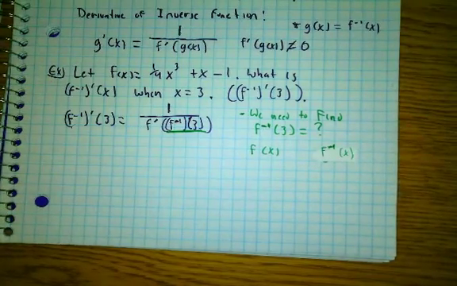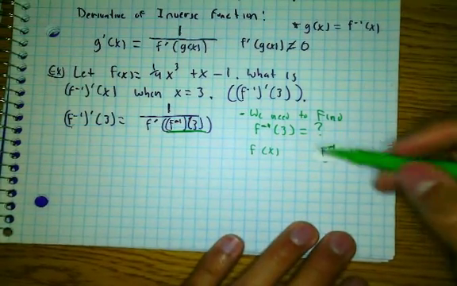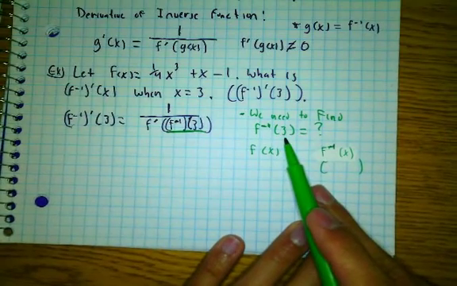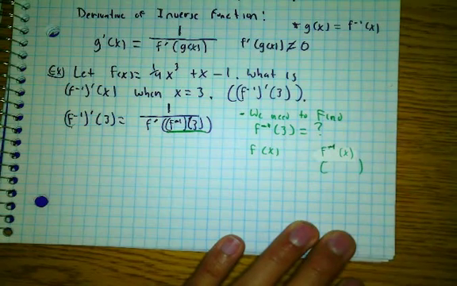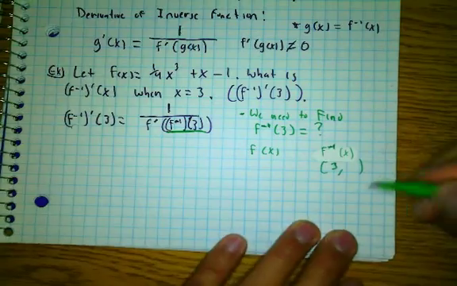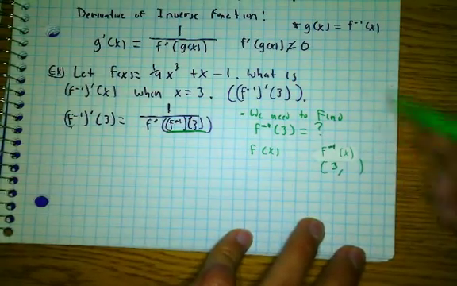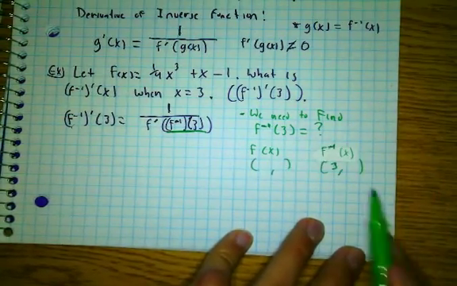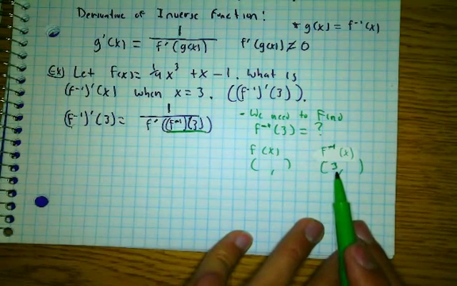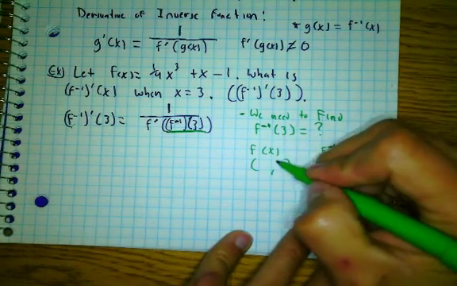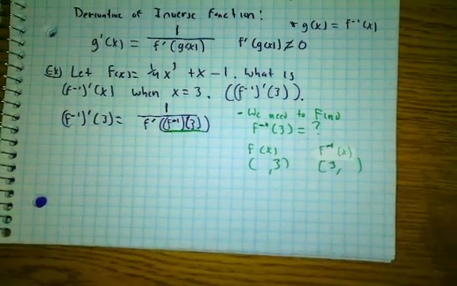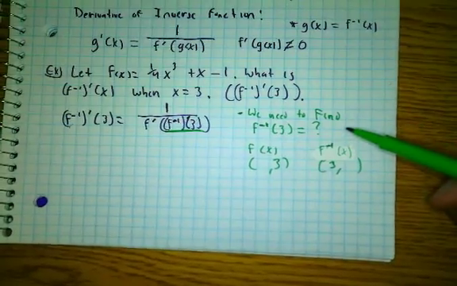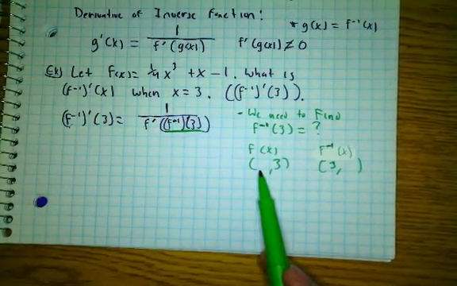Do we know the point? If I'm telling you that that's 3, that represents the x-coordinate of the inverse. Agreed? Yes? So we know that we have x and then something. You guys with me? Which means that on the original function, that value is the y value. Correct? So then, since I don't have my inverse function, can I use the original function to figure out what x is, and that way I can figure out what y is?